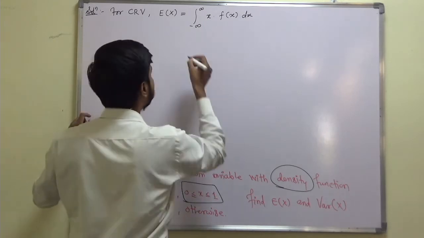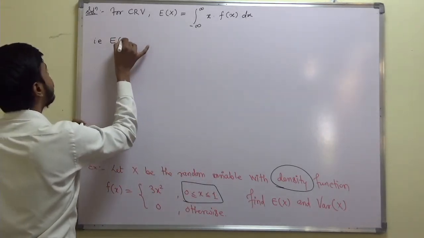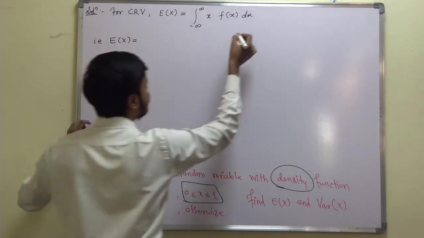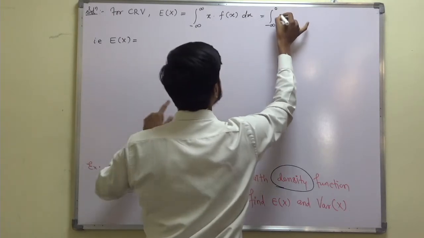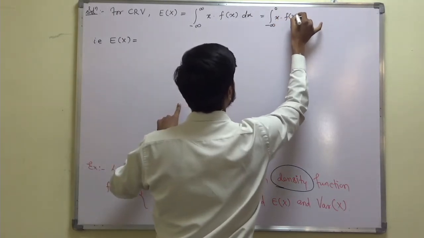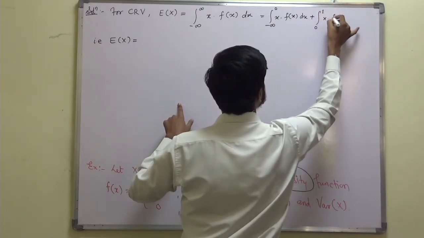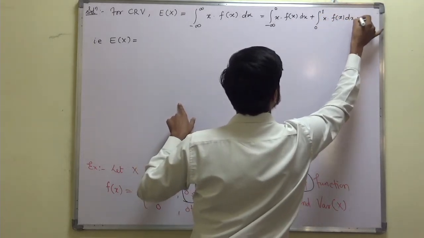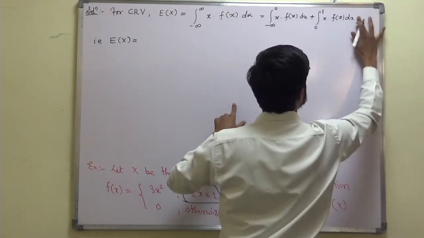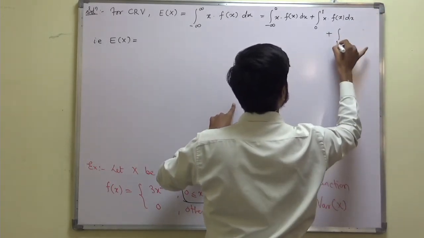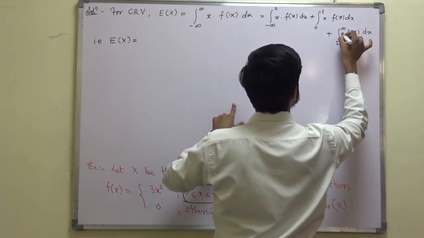You can simply write expectation of x is equal to the integration from minus infinity to 0 of x into f of x dx, plus the integration from 0 to 1 of x into f of x dx, plus the integration from 1 to infinity of x into f of x dx.